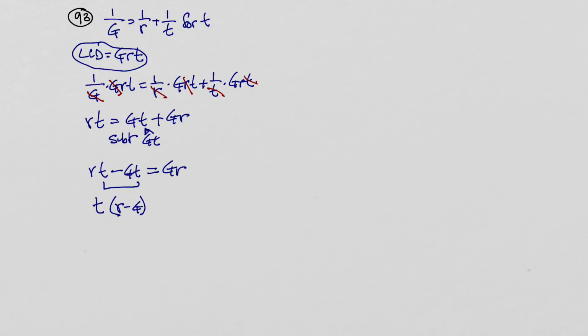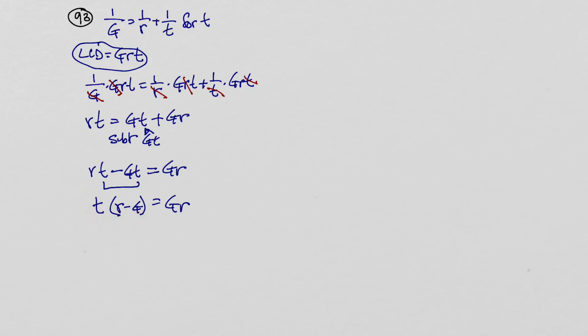Does that make sense? You got RT minus GT. T is common to both, so take it out, take out the t. And if you do that, what's left? R minus g. And this whole thing is equal to GR. And now we can solve it for t by dividing by r minus g, right?